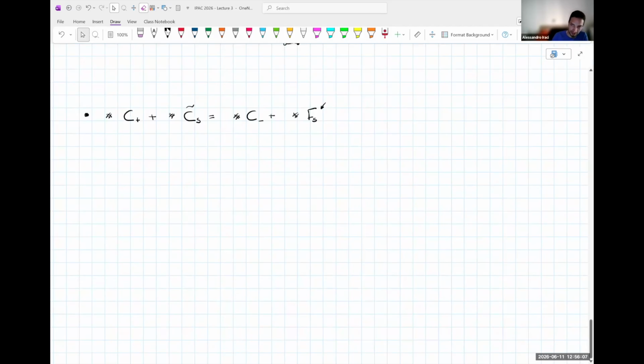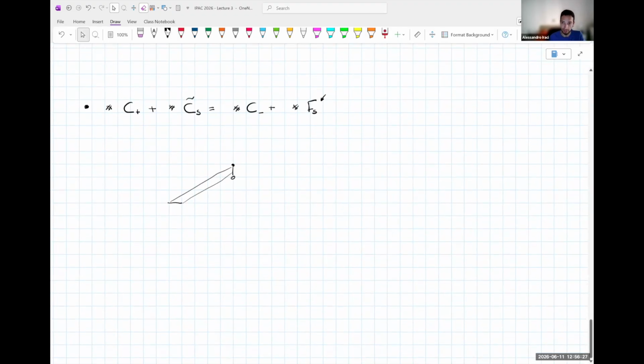So C plus is the classical thing. So horizontal steps that project onto a vertical step. And this can only happen if the path is wider than it's tall. But then we can also have the other thing, which is things that project onto something like this.